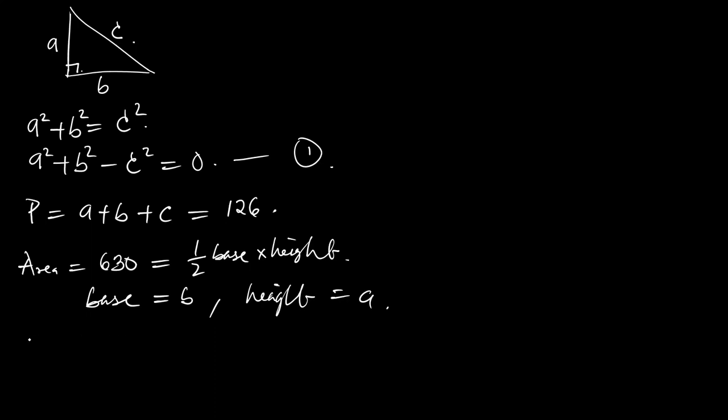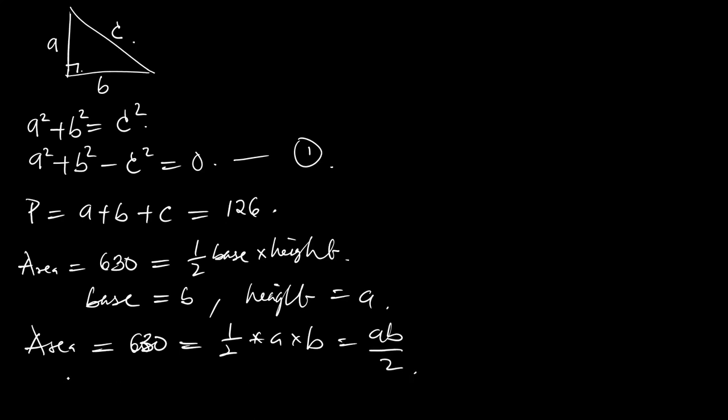Now we have area is equal to 630, which is equal to half times A times B. This is the same thing as A times B all over 2.